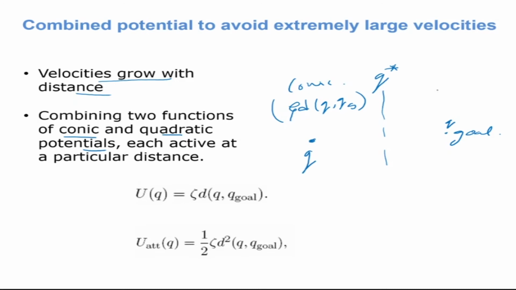So what we can do after the distance is use zeta squared d squared into q minus q goal. At this distance q star, there will be a switching over from the conic to the quadratic.